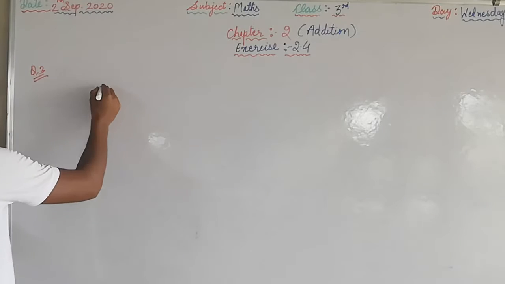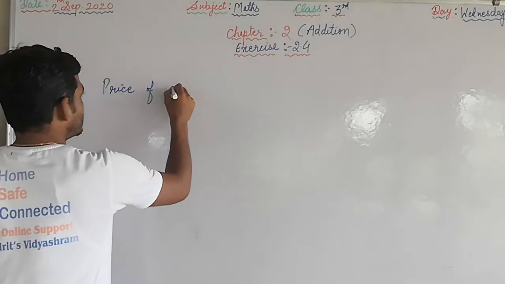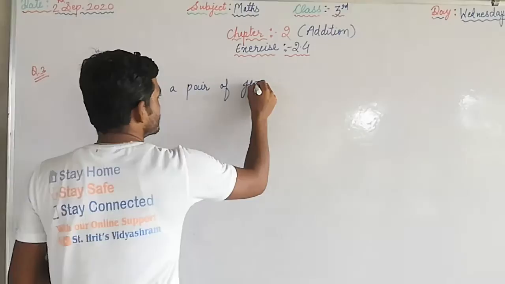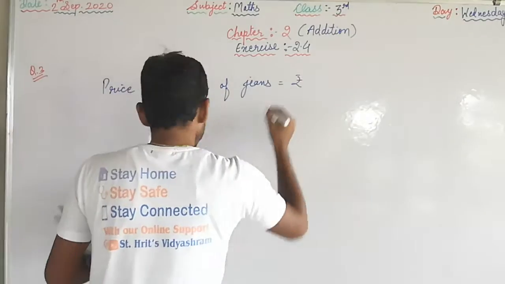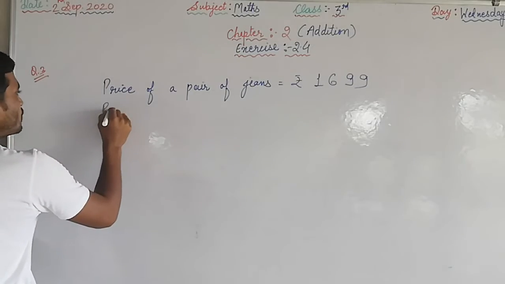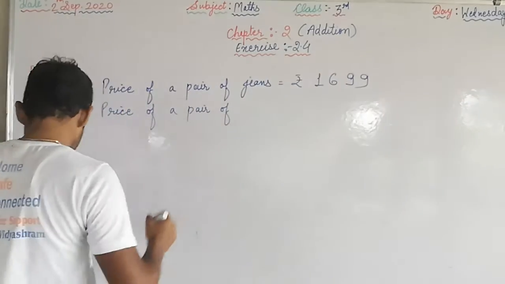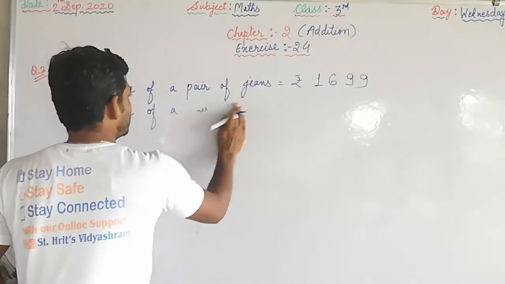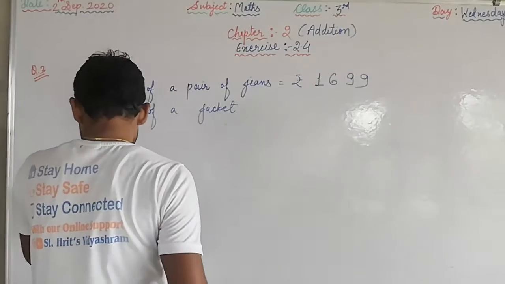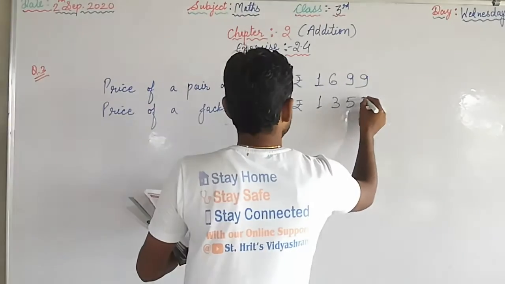First, price of a pair of jeans equals to rupees, कितना था बेटा प्राइस जींस का, 1699. देन प्राइस ऑफ a pair of a jacket, price of a jacket is equals to rupees 1355.